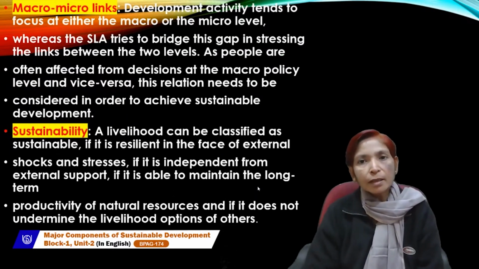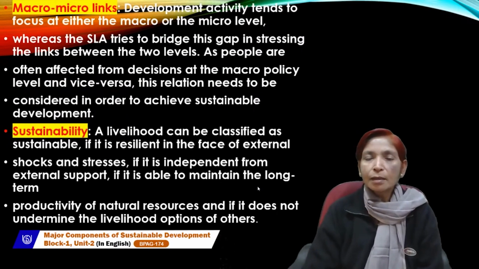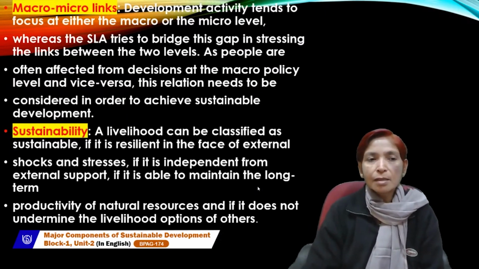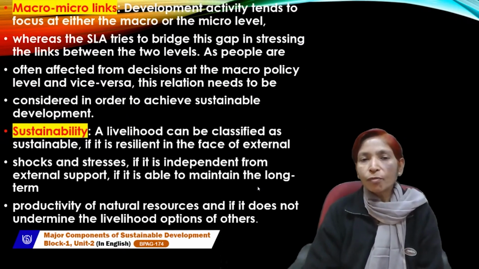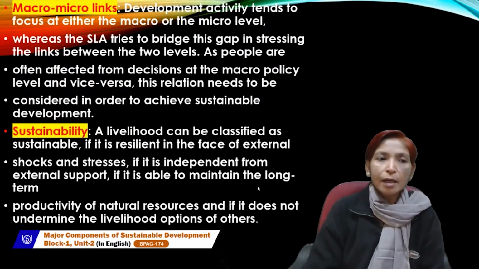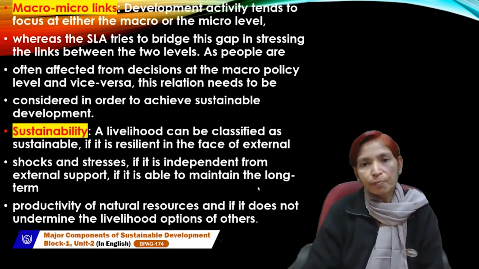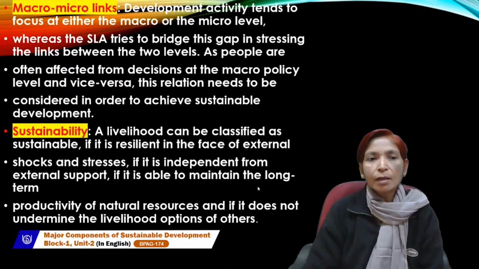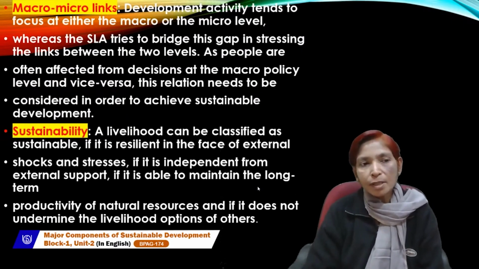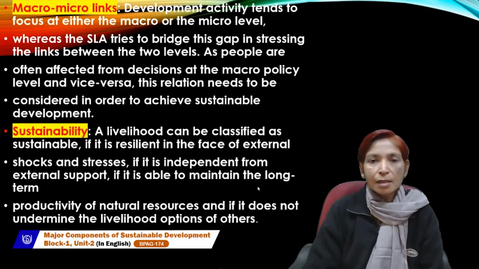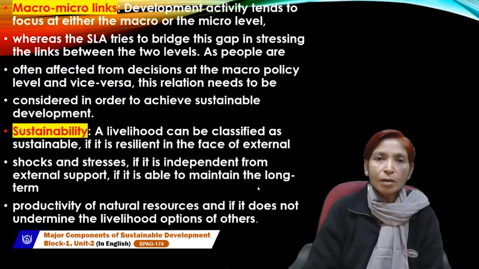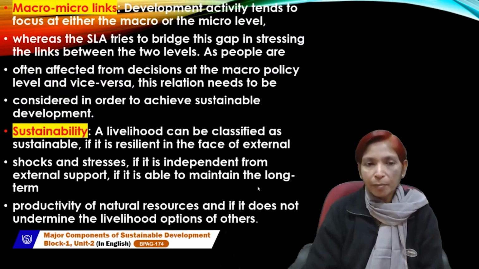Development activities tend to focus on either the micro or macro level, whereas this approach, the sustainable livelihood approach (SLA), tries to fill this gap by stressing the link between the two levels. As people are often affected by decisions at the macro policy level and vice versa, this relation needs to be considered in order to achieve sustainable development.